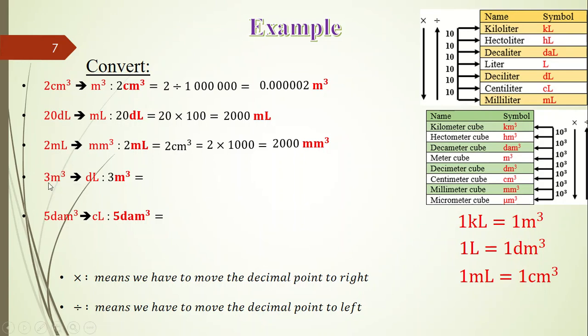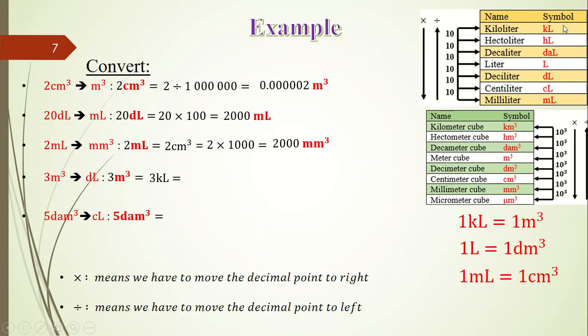Now I have to convert from 3 meter cube to deciliter. So I have to go from the second table to the first. So I have to choose one of these three formulas. Okay, here I have meter cube. Meter cube is equal to what? Is equal to kiloliter. So instead of writing meter cube, I can write kiloliter. Okay, so 3 meter cube equals 3 kiloliter. Now I switched from the second table to the first table. I am now in kiloliter, so I have to convert from kiloliter to deciliter.